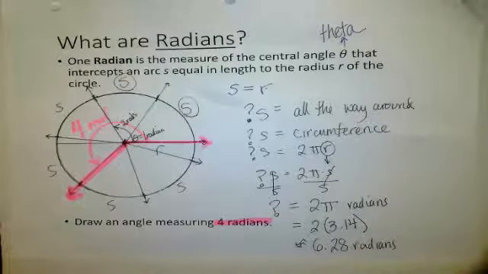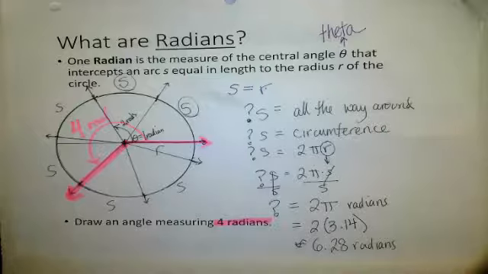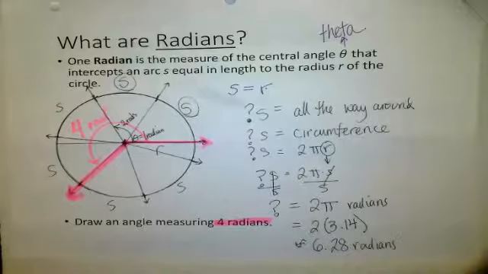Is a radian equal to a degree? No. Okay? 1 radian is not equal to 1 degree. Naomi. So radian is the length of the radius. Okay?